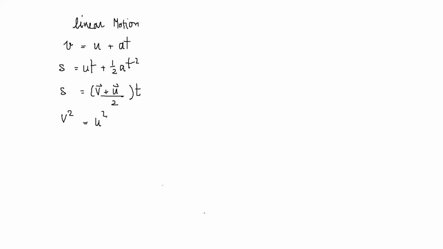We have v equal to u plus at, and s equal to ut plus 1/2 at squared, and s equal to v plus u over 2 times t. And we also have v squared equal to u squared plus 2as. And this is a is constant.